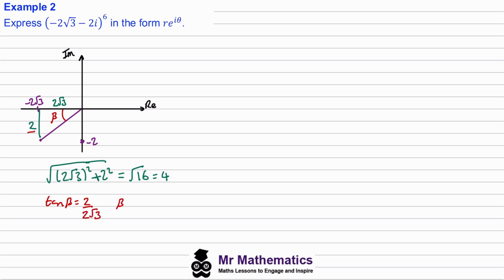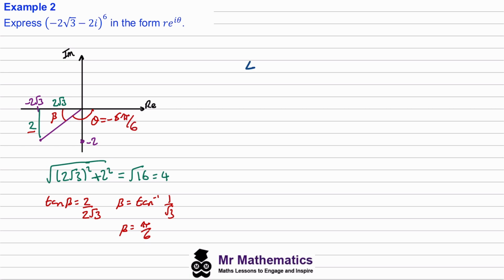So beta will be the arctan of 1 over root 3. So beta works out as pi over 6. So if beta is pi over 6, and the argument comes from the real axis, this will be negative pi plus that pi over 6. So the argument will be negative 5 pi over 6.